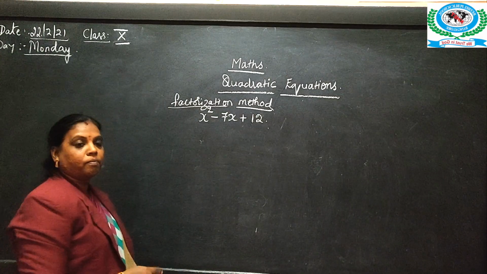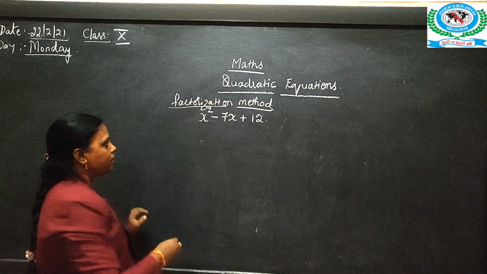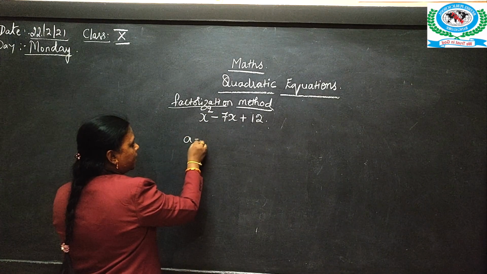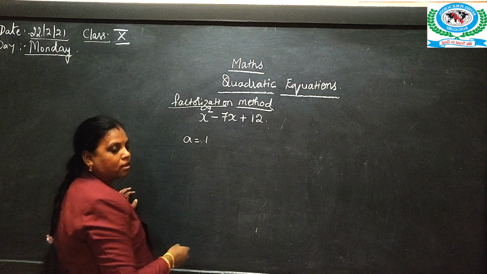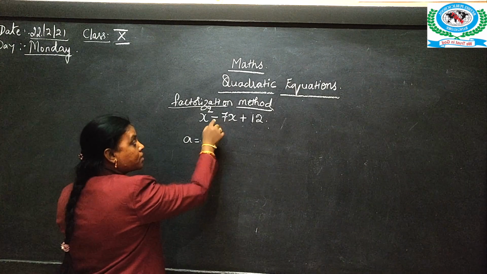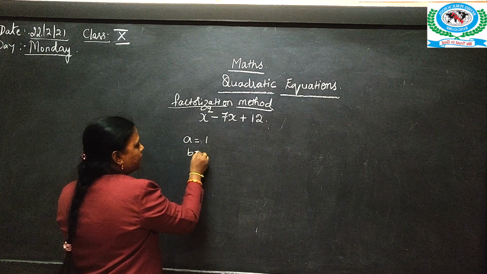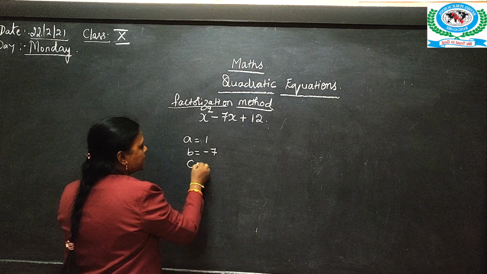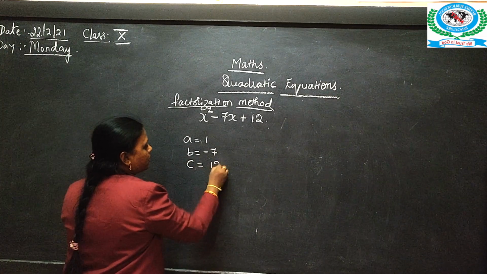The same problem we will do in the formula method. The coefficient of x square is called a, so a is equal to 1. The coefficient of x is b, b will be minus 7, and constant c will be 12.